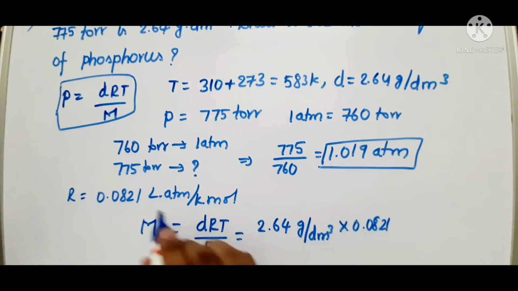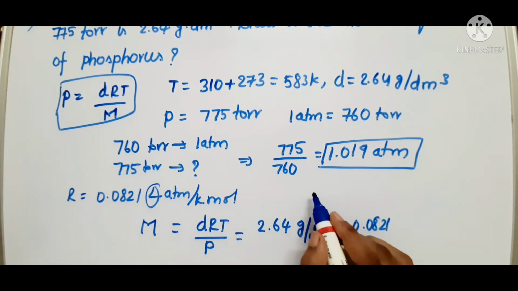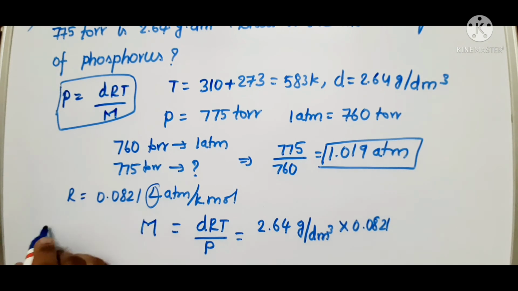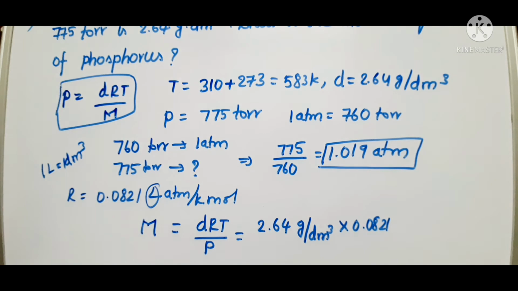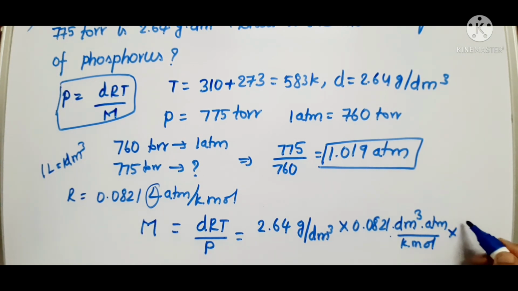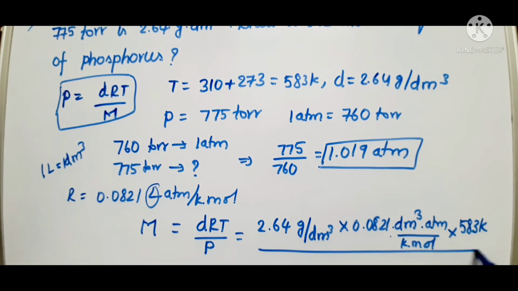Here liter can be converted into decimeter cube. 1 liter is nothing but 1 decimeter cube. So this liter is converted into 1 decimeter cube, by Kelvin into atmosphere by Kelvin mole, and the temperature is 583 K divided by what is the pressure you have?